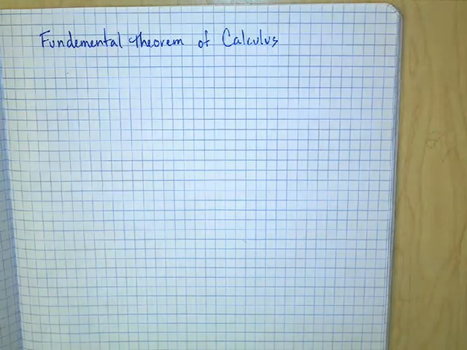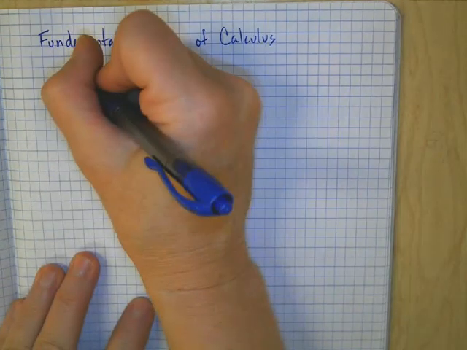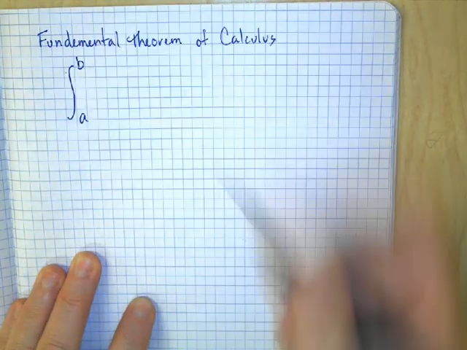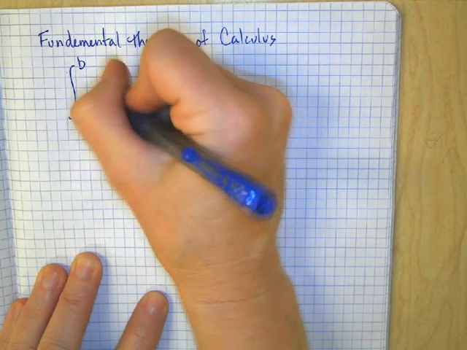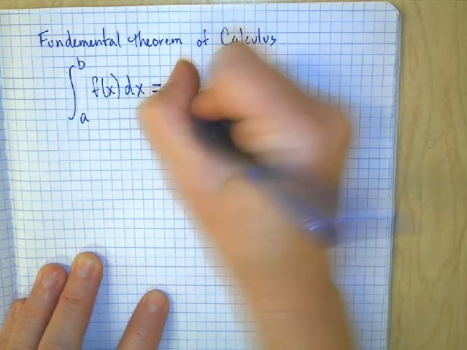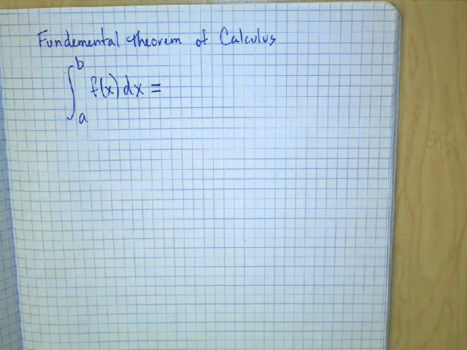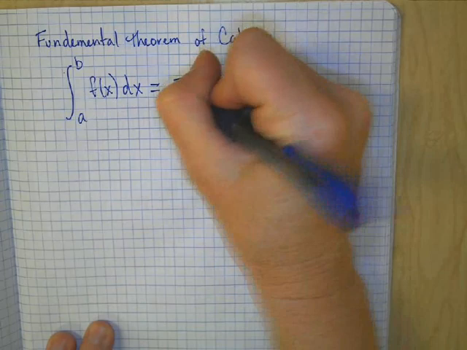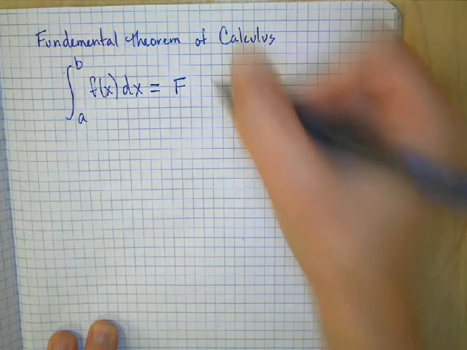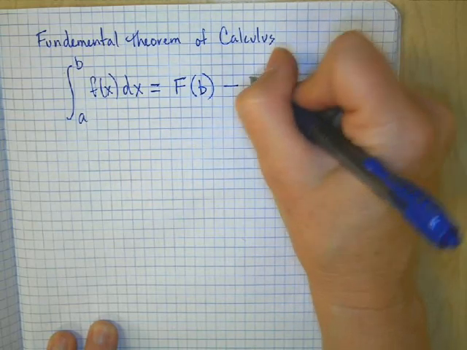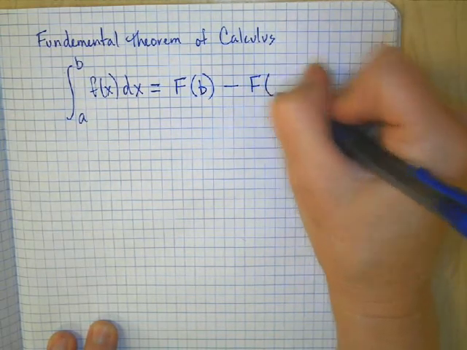Fundamental theorem of calculus. So if I've got the sum from some x value a to some x value b of f of x dx, I can find that value or that area under the curve by taking the antiderivative and evaluating it at b, and then taking that antiderivative and evaluating it at a.